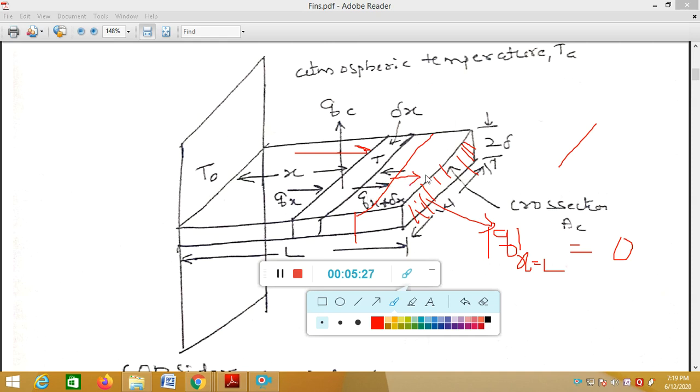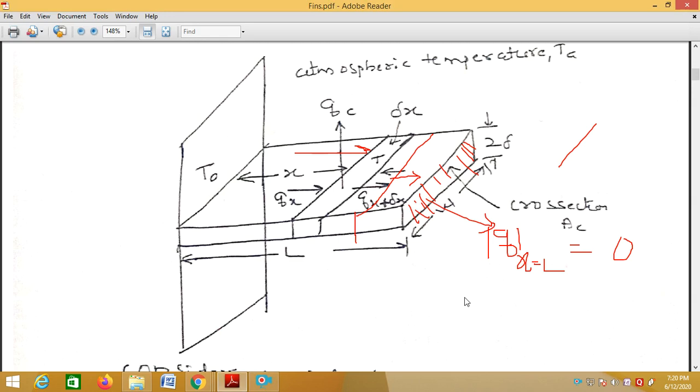And so on, the heat entering the strips goes on decreasing as we go away from the base, so that at the end we can assume that the heat going out from the strip at the tip of the fin will be 0. This is the meaning of Q at x equal to L equal to 0, that is, the end of the fin is insulated.